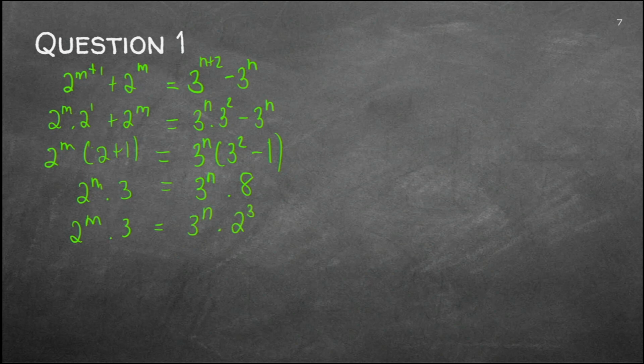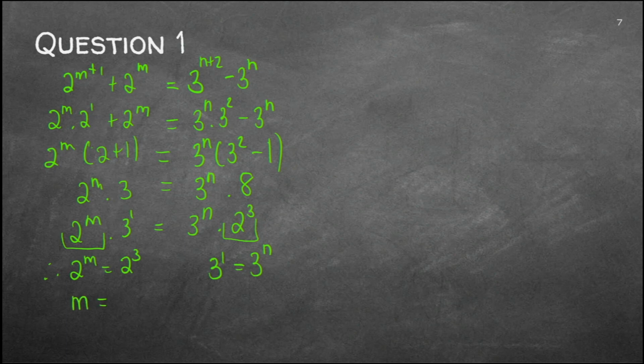Now, very important. When we do exponential equations, we can only compare the same base. What do I mean? We can only say that 2 to the m should be equal to 2 to the power of 3, and that 3 to the power of 1 is equal to 3 to the power of n. That is really important. So now I can actually solve for m and n.